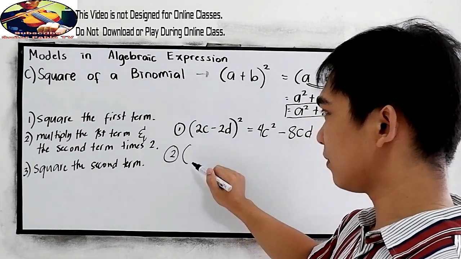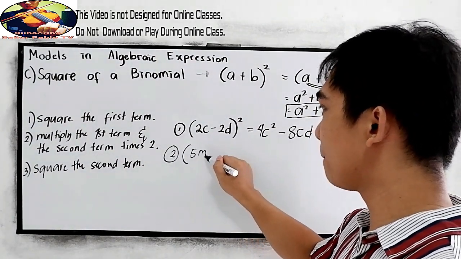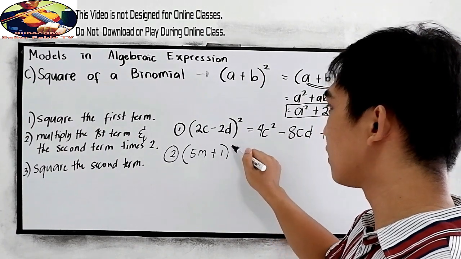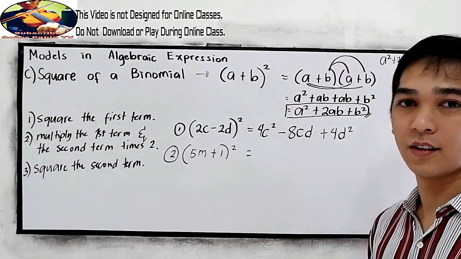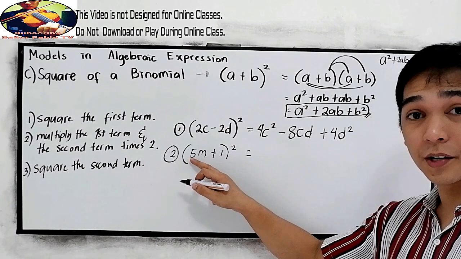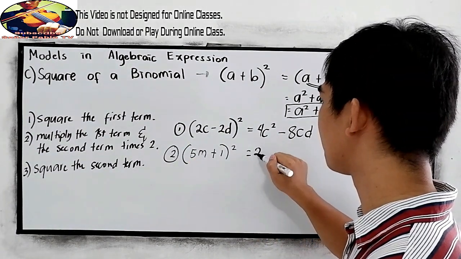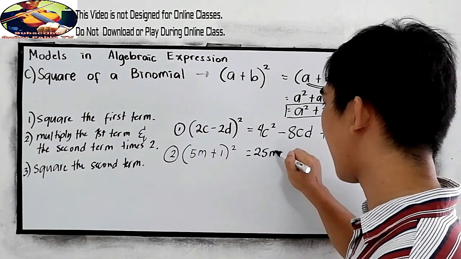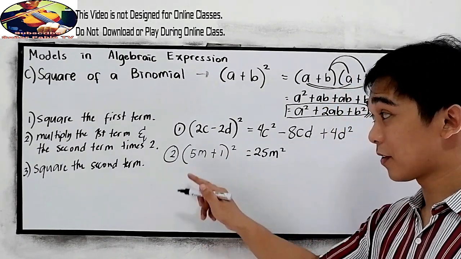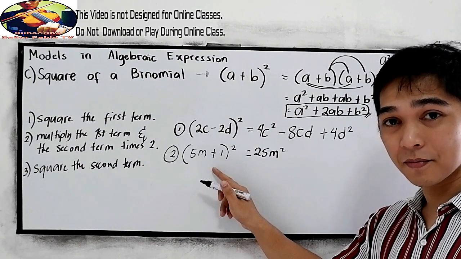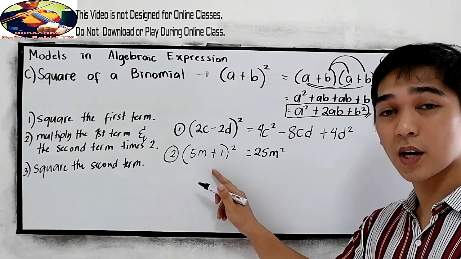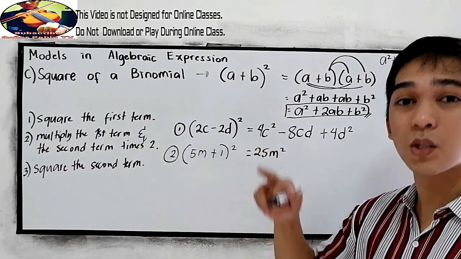Number 2, 5m plus 1 squared. Square the first term, that is 25m squared. Multiply the first term and the second term, that is 5m times 1, times 2.